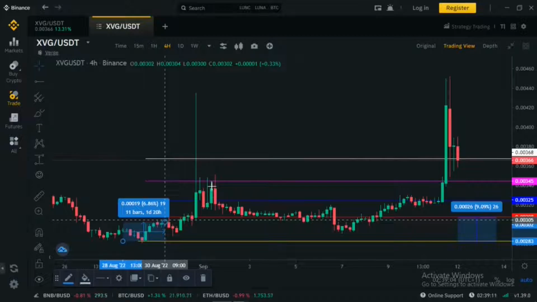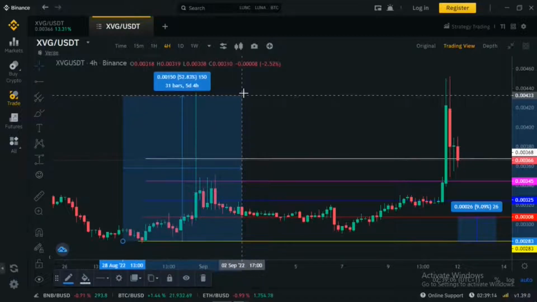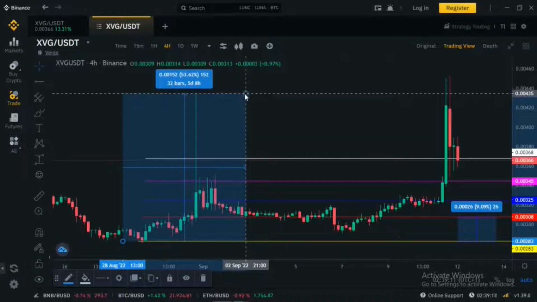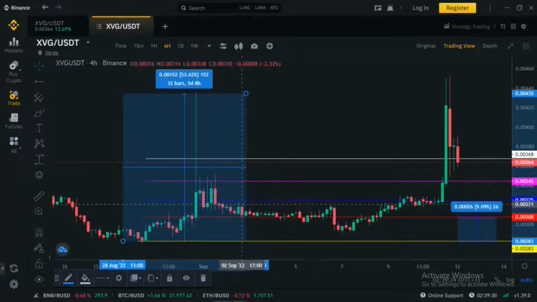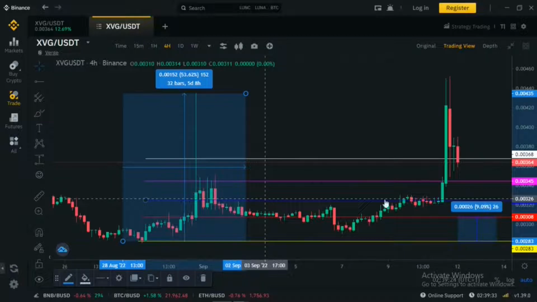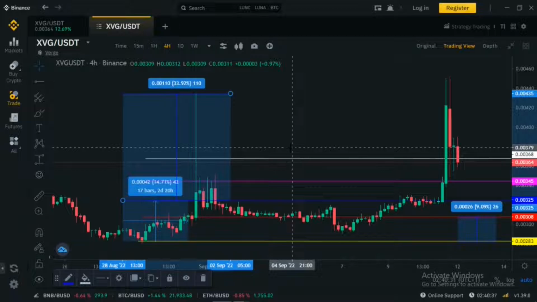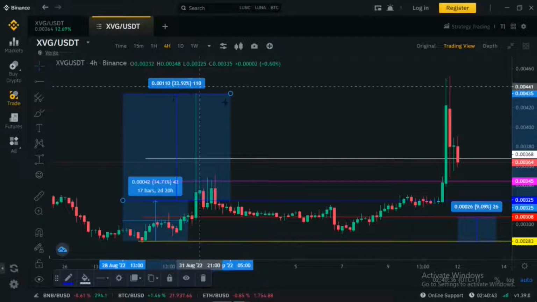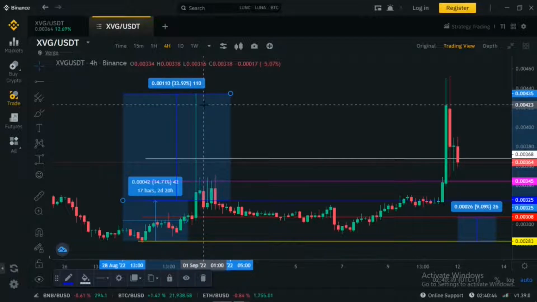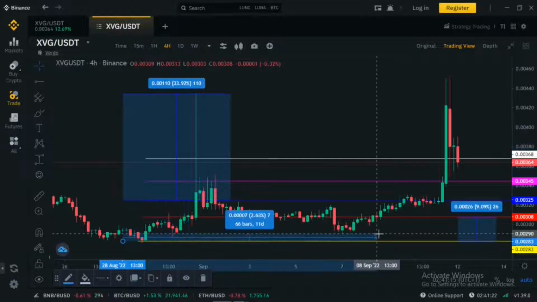So when the current price action of the XVG bounced up by 53%, I bought some XVG with a $200 worth of trading capital at the 15% of the most current bullish trend section, which is 0.00325. And I sold my entire XVG portfolio at a 33% profit using the trailing take profit feature on the Binance spot market.